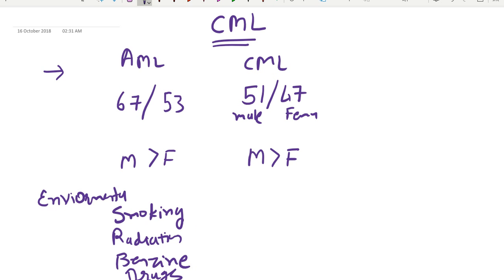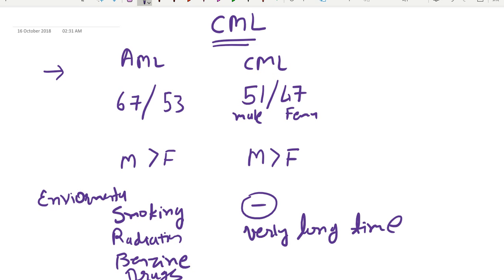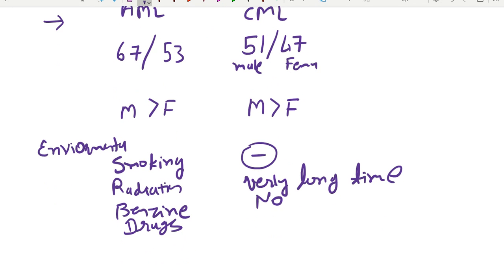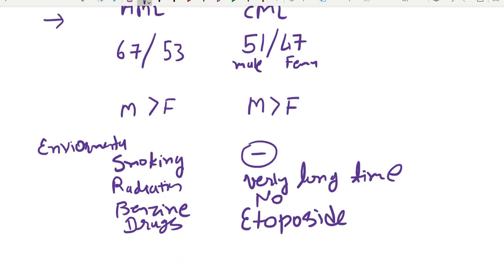While in chronic myeloid leukemia, there is no risk factor: smoking has no risk, radiation is only very long-time radiation, benzene has no risk. One drug you should remember is etoposide, which has significant risk for chronic myeloid leukemia.